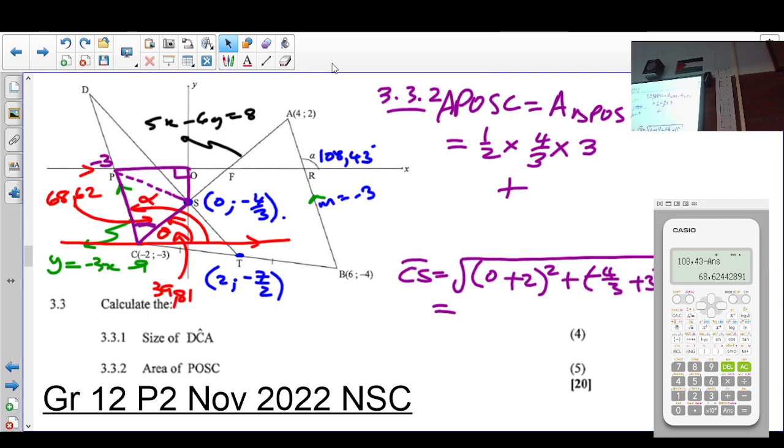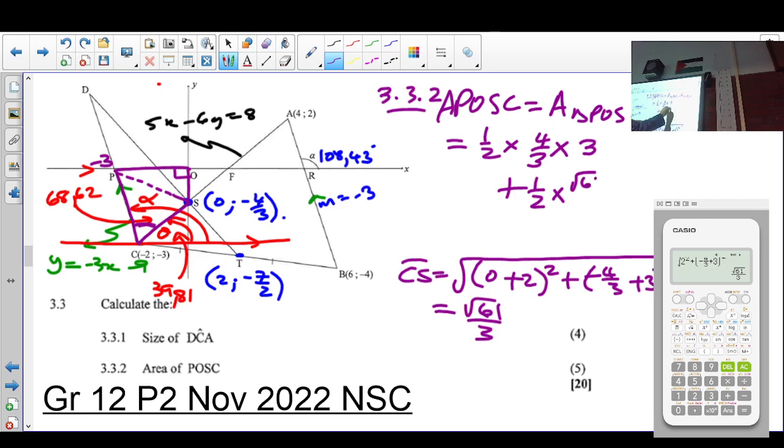I'm sure there's an easier way, but let's do this one first. 2 squared plus open brackets negative 4 over 3 plus 3 all squared. That gives you root 61 over 3. So it's going to be half times root 61 over 3 times. Now I need this other length here, which is PC as well.